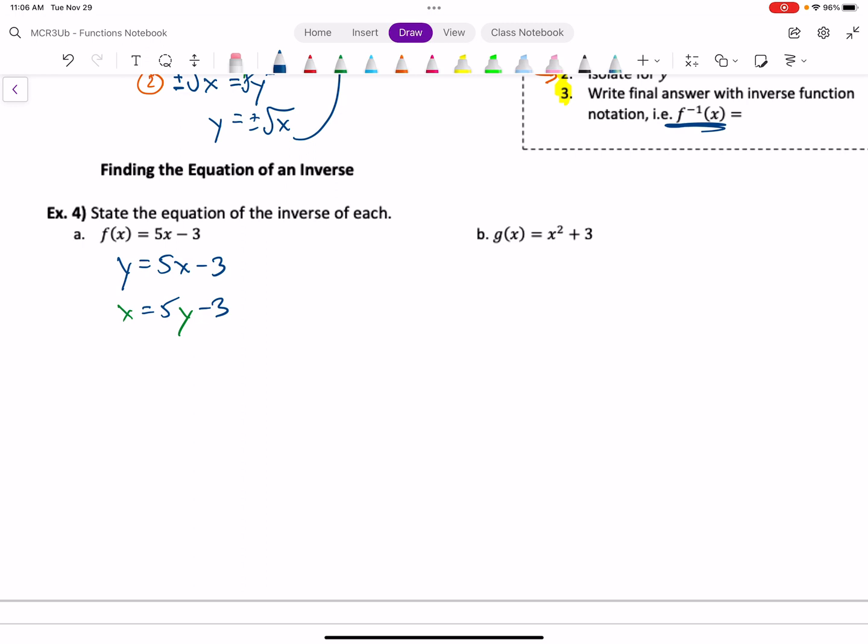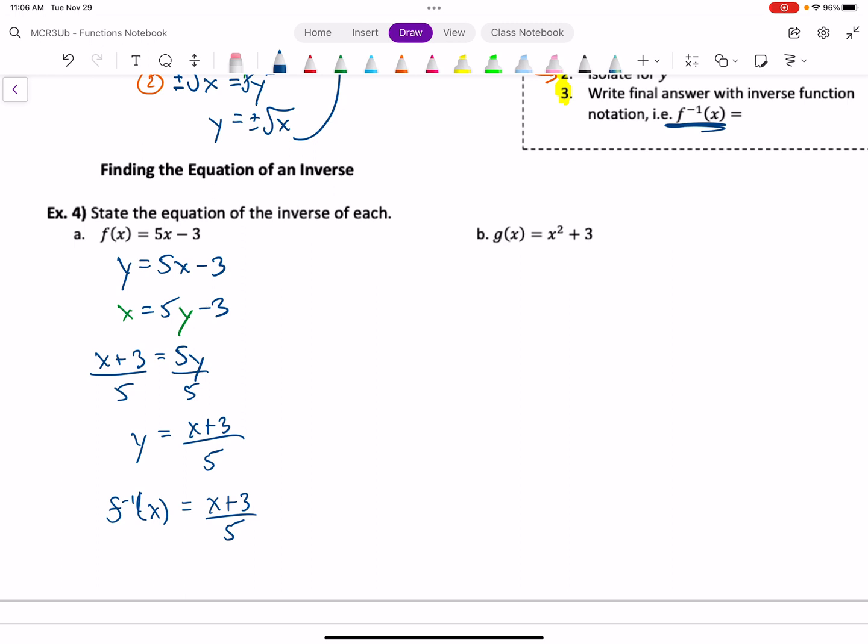The easiest thing to move would be the negative 3. So this is going to become x plus 3 equals 5y. And then the last thing I need to do is just divide by 5 on both sides. So I end up with y equals x plus 3 over 5. And that is my inverse. So I would state that. So this is f to the negative 1 of x is equal to x plus 3 over 5.